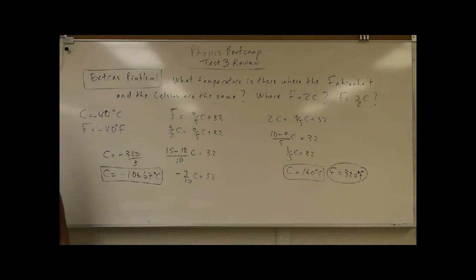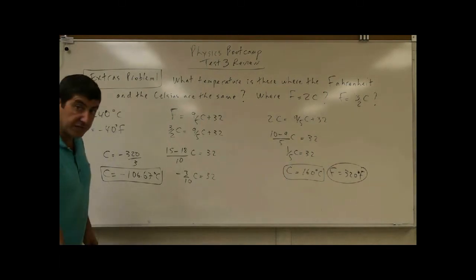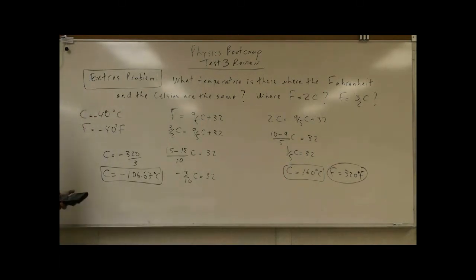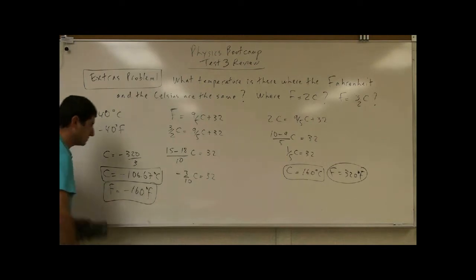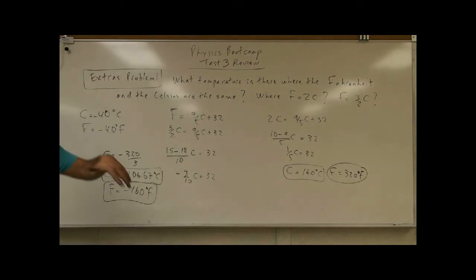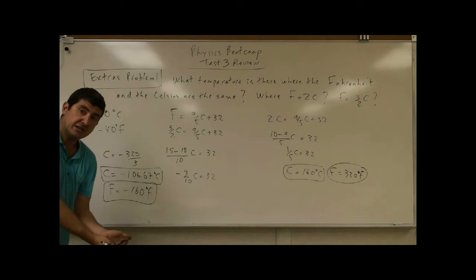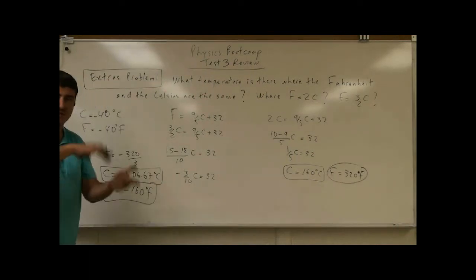So does that temperature actually exist? Yes. You could have a negative 100 Celsius. And then what would be the corresponding Fahrenheit? 1.5 times negative 106.67. So Fahrenheit is going to equal negative 160 degrees Fahrenheit. So this time the Fahrenheit is a lower reading than the Celsius.